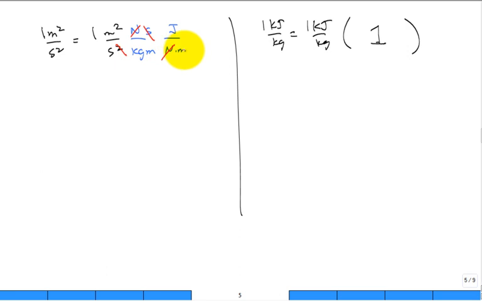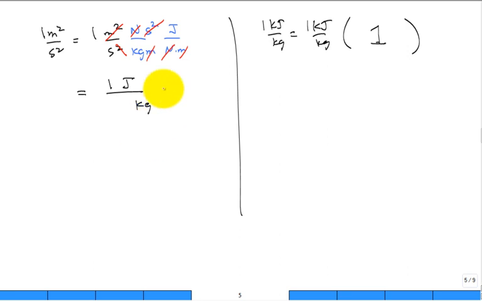And we have meter squared goes with the meter squared. And so we have that it's 1 joule per kilogram. Oh, a newton is kilogram meter per second squared. Both of those go. All right.